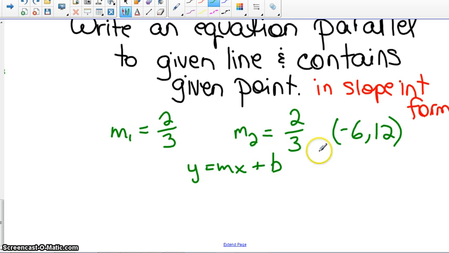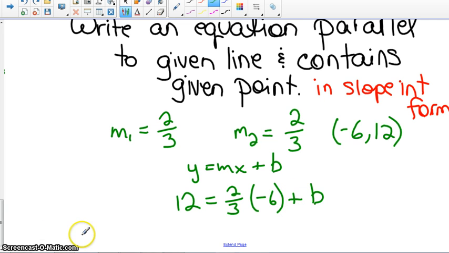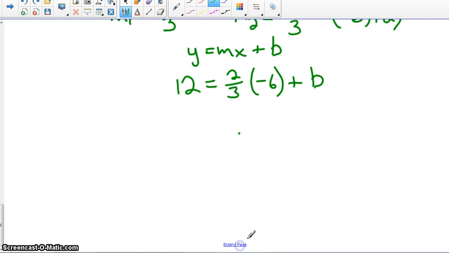Okay, so the y value is the point on the line. It could be any point, we just have one. The slope is 2/3 because it's the same as the original line. The x value is -6, and we don't know what b is. It's going to help us find the intercept.